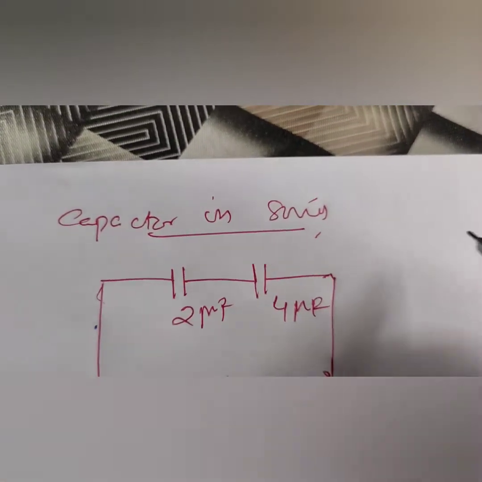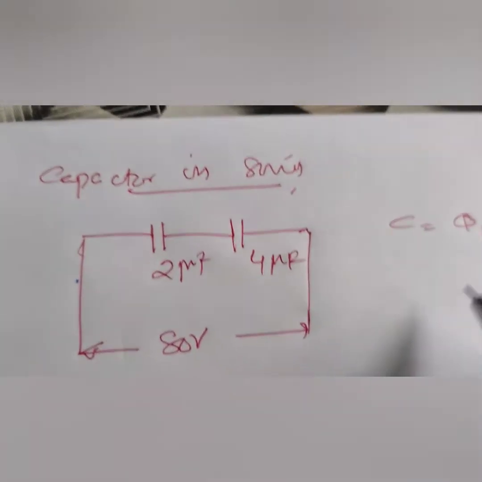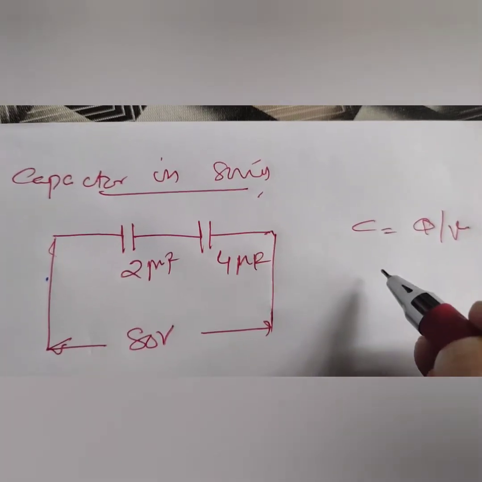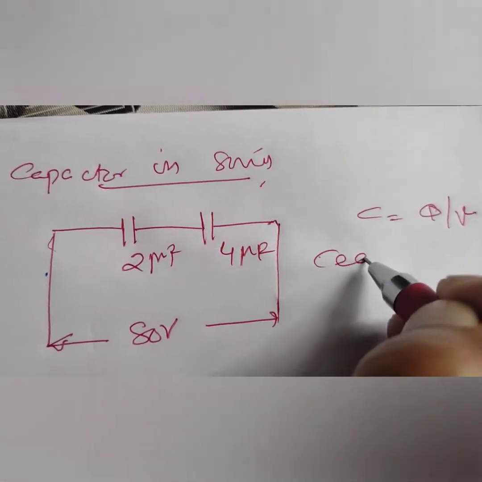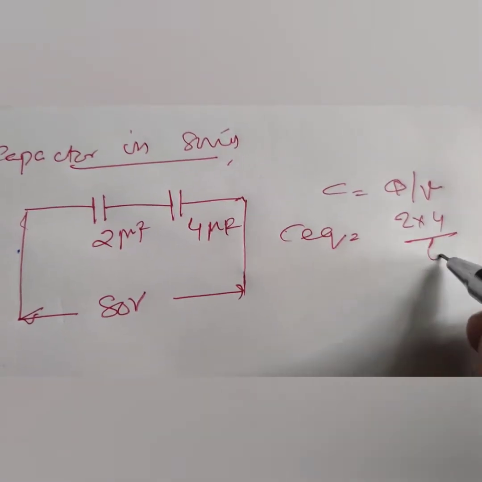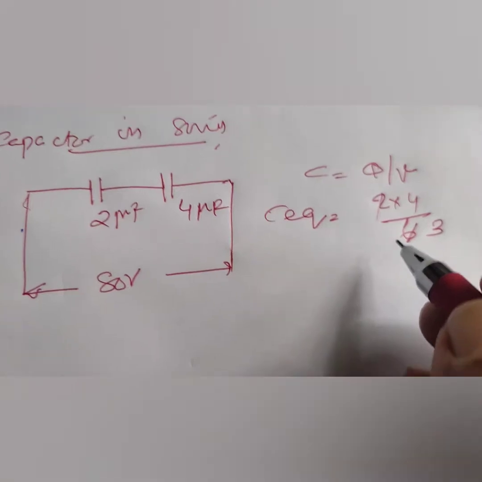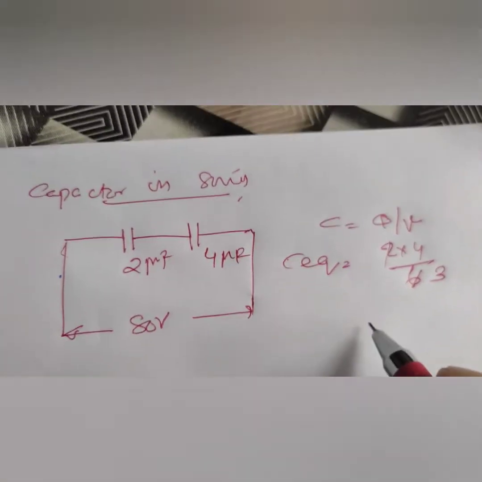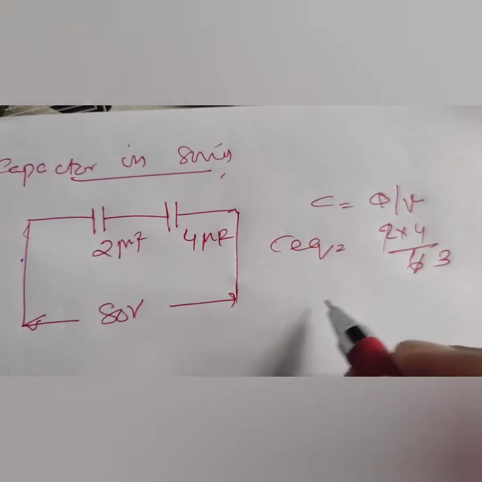Now, we know C is equal to Q by V, and C equivalent is equal to 2 into 4 by 2 plus 4, 8 by 6, which is 4 by 3.